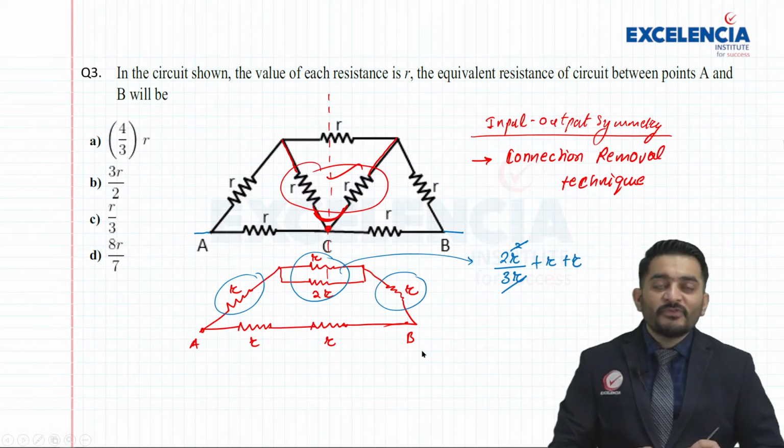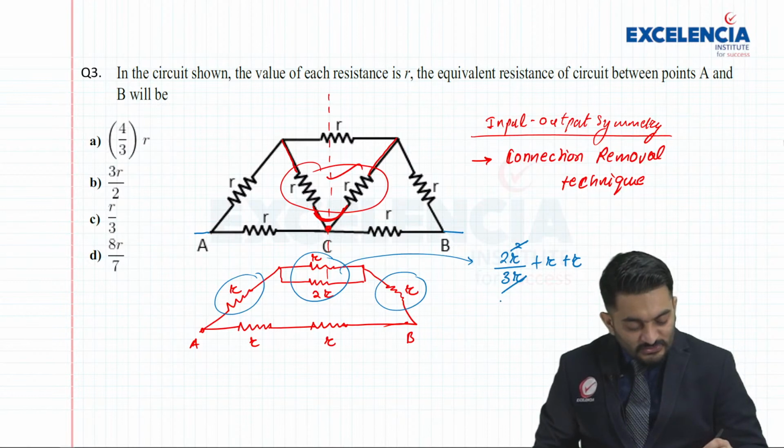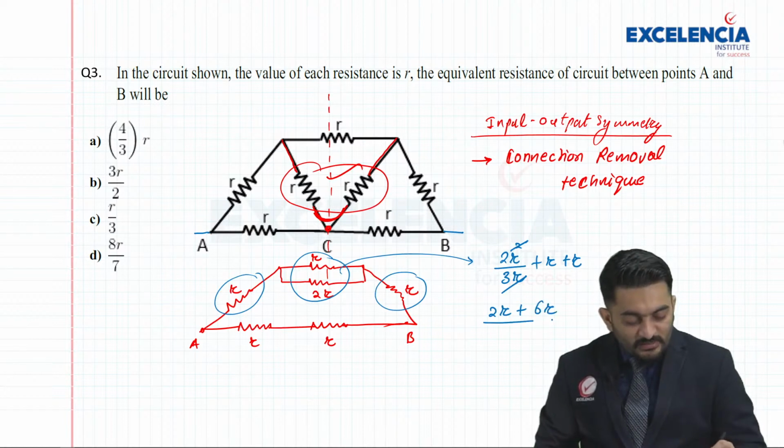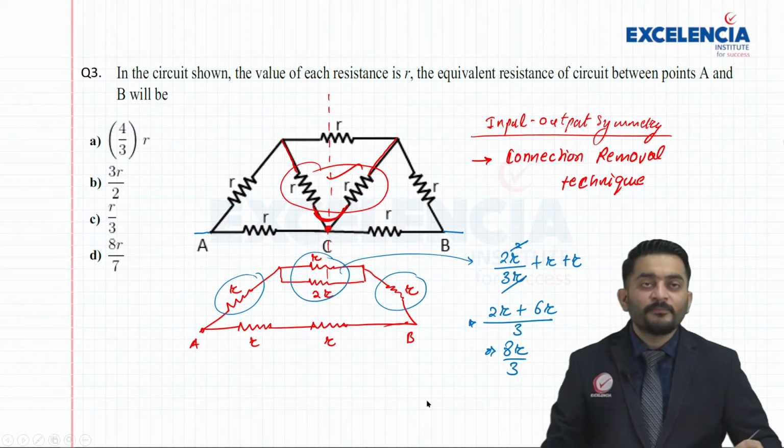So for this upper arm, if you actually solve it, this is 2R plus, if you make it 2R, this will be 6R by 3. So this upper arm result is going to be 8R by 3.